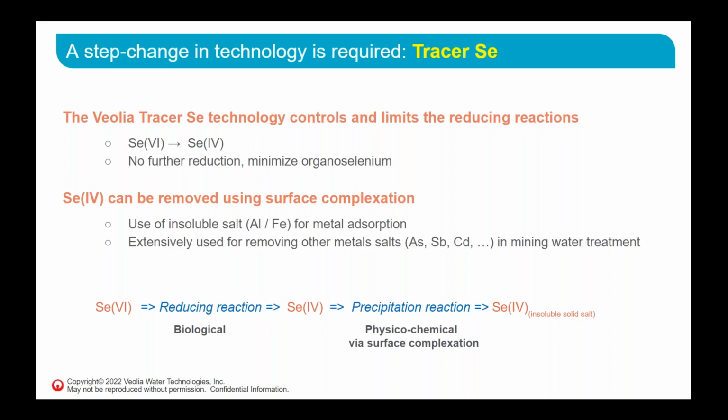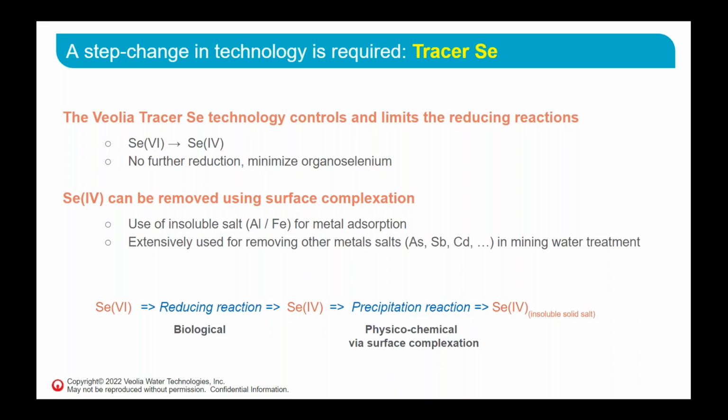In that particular case, we are aiming for the adsorption of selenium on the metallic surface to remove it from the process. This is extensively used right now for arsenic, antimony, and cadmium in mining water treatment, so this is something we work with on a regular basis.